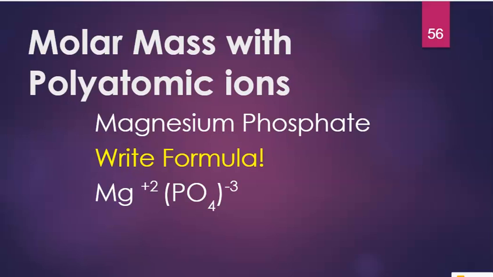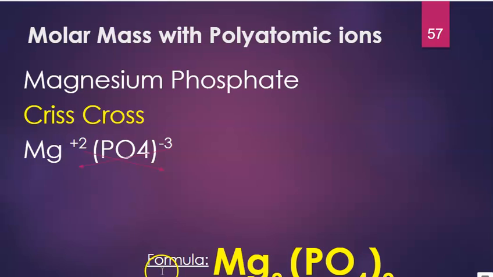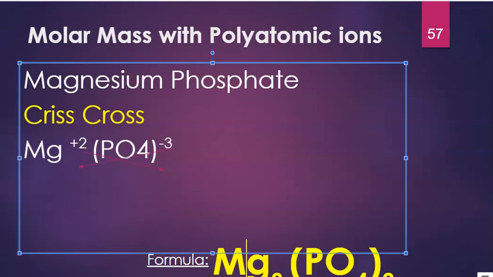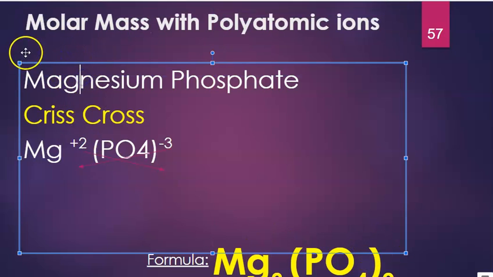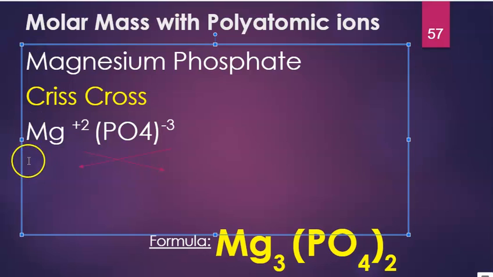And remember, we have to crisscross because this is an ionic compound. So if we crisscross, we're going to end up with our formula of Mg3(PO4)2, they crisscross. That 2 is going to come over there.